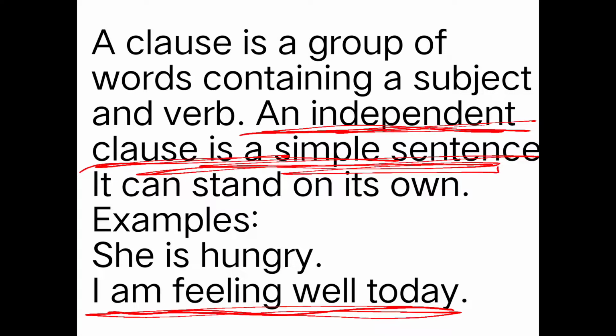And what is a simple sentence? One having a subject and one finite verb, or in other words, a subject and a predicate. Clear? So we have learnt about clauses, simple sentences, and the independent, main or principal clause also.